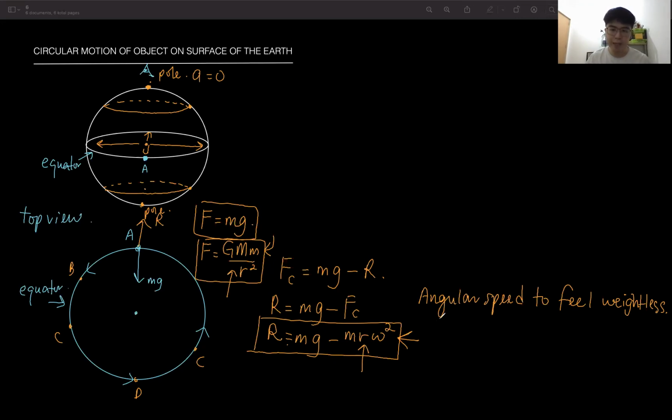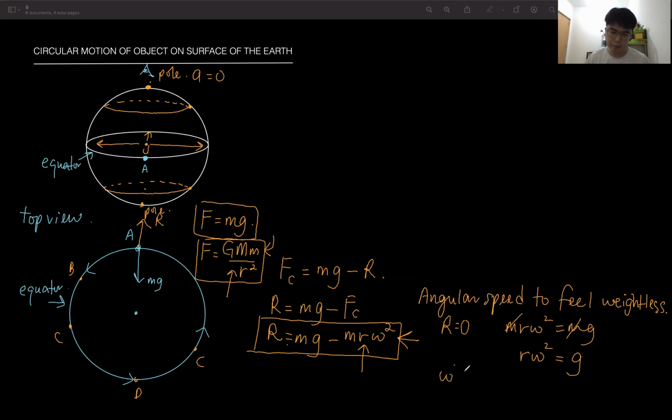So to feel weightless, the reaction is 0, because if you feel weightless, that means no force acting on you, no reaction. So R is 0. If I put in R equals 0, then I get mrω² equals mg. Then I can cancel m, so ω²r equals g.